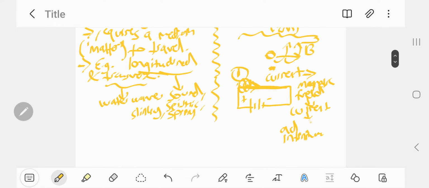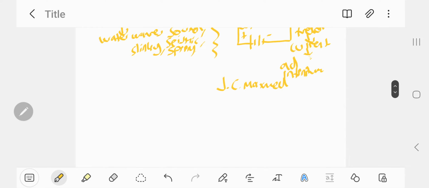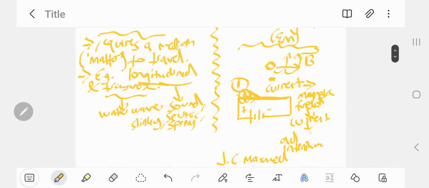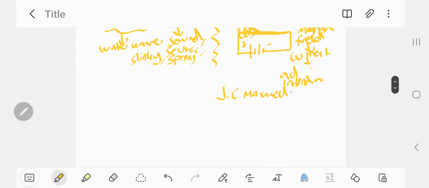And a very brilliant Scottish mathematical physicist named James Clerk Maxwell in the 1860s theoretically proved that light is an electromagnetic wave. James Clerk Maxwell, light is an EM wave. The mathematics isn't really that complicated. You really need just basic calculus.